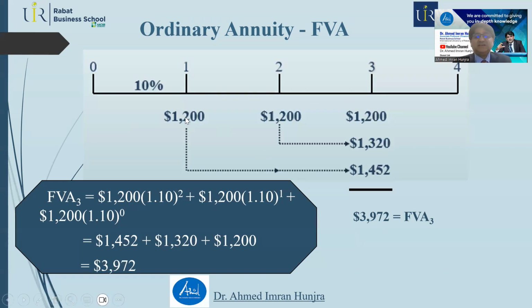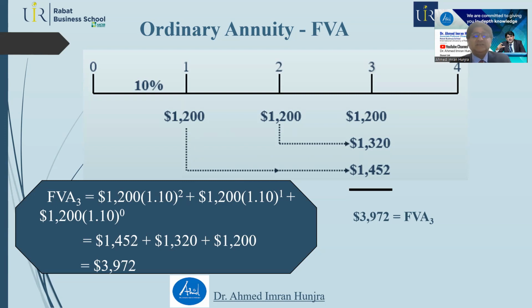So first, here is the first cash flow future value, 1,472. Why 14? Because the more time periods there are, the higher the future value. The higher the interest rate, the higher the future value. There is a positive relationship between future value and the number of time periods and interest rate.